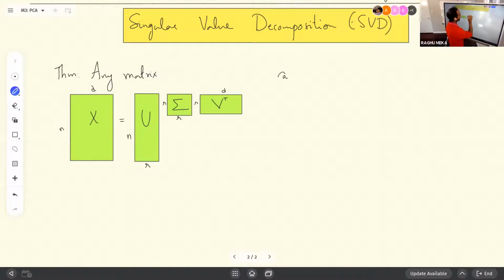The first property is that the columns of U are orthonormal, meaning they are all unit norm and orthogonal to each other.